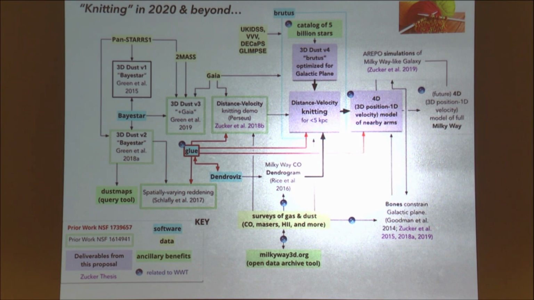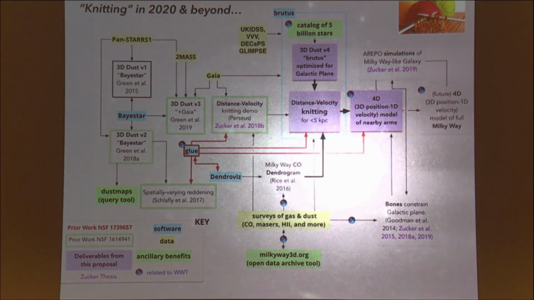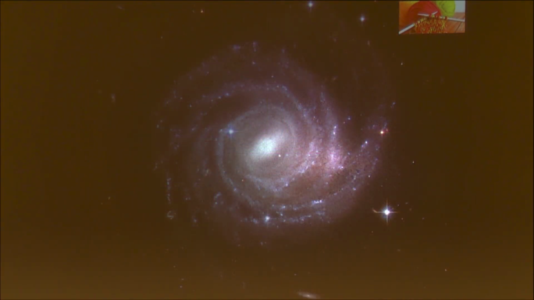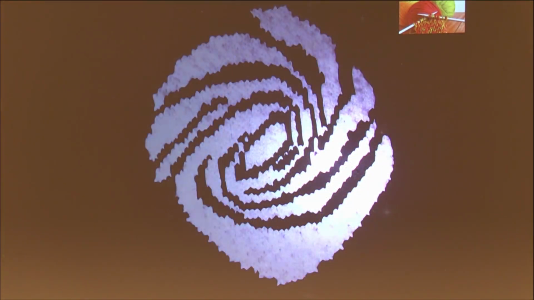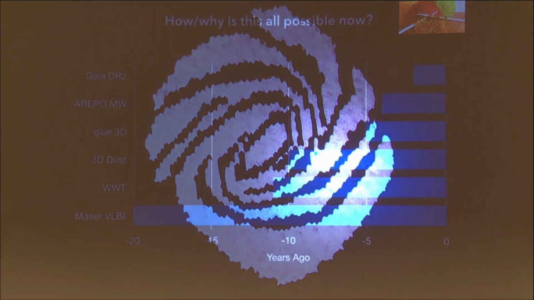So there's a lot of people involved, there's a lot of data, and there are a lot of very clever statistical advances that needed to be made and mostly have been made, including a complete reanalysis of how you do the stellar colors that will also improve the 3D dust maps. And that's being done by Josh Speagle, who's working on this Brutus algorithm that's highlighted there. So, our goal is a knitted version of a galaxy.